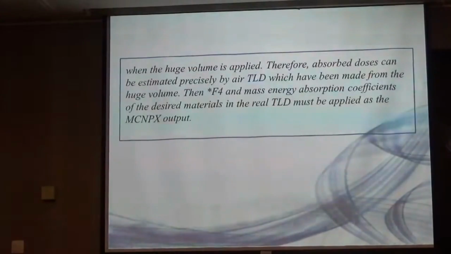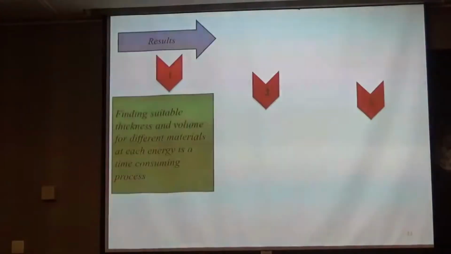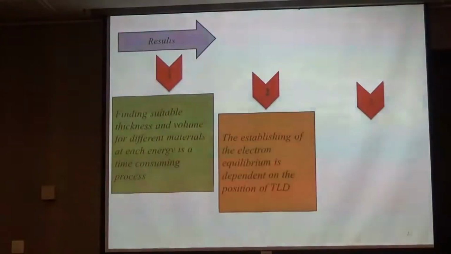To conclude, in the first method, finding a suitable thickness and volume for different materials at each energy is a time-consuming process. In the second method, establishing the electron equilibrium depends on the position of the TLD.